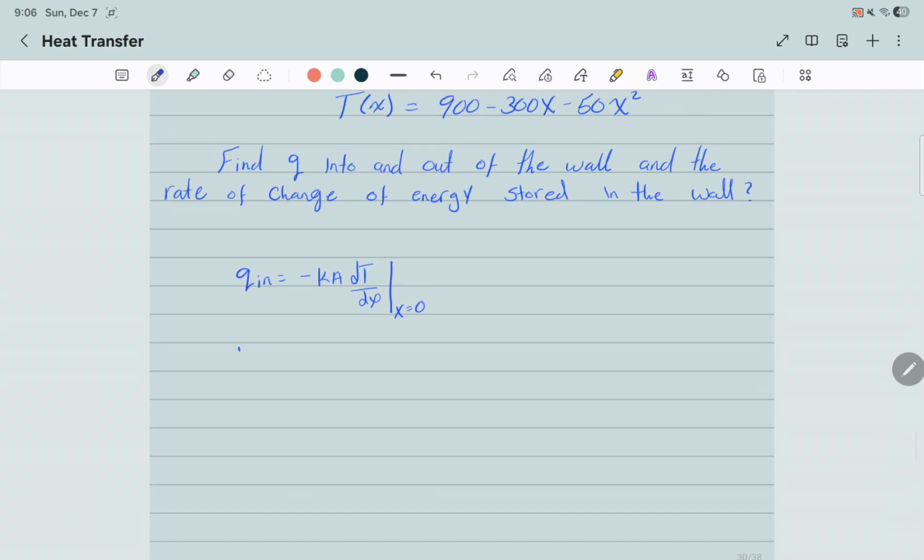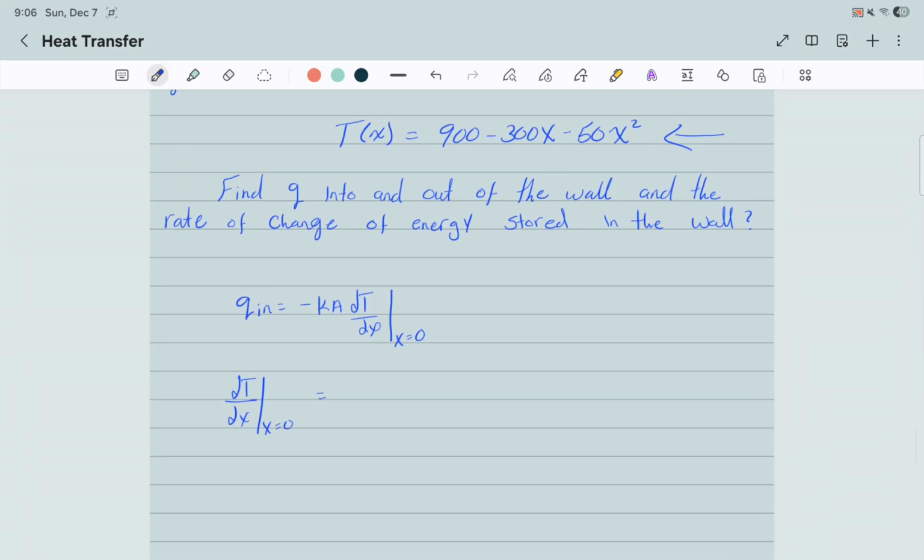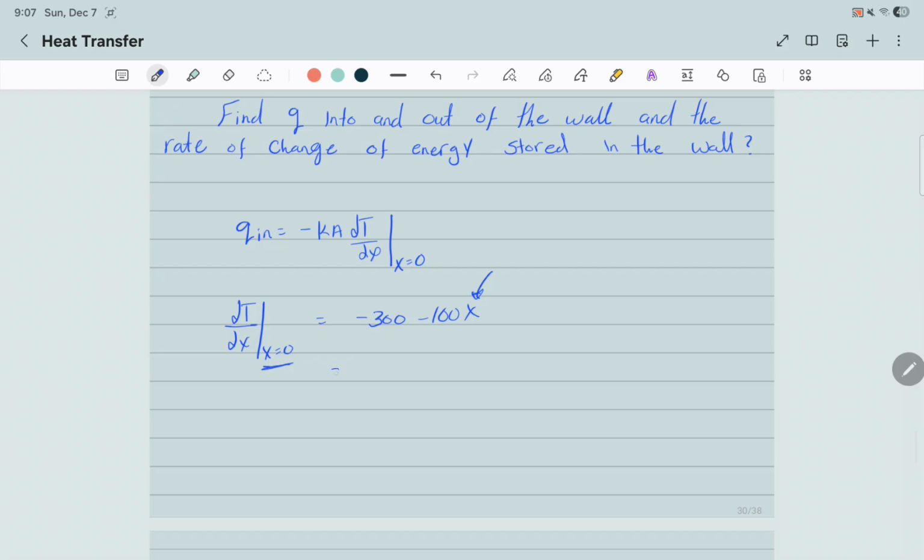Your first step is to find dT over dx at x equals 0, which is basically the differential of this equation here. The differential of that equation is negative 300 minus 100x. Now we need to substitute x equals 0 into the equation, which will give us negative 300.